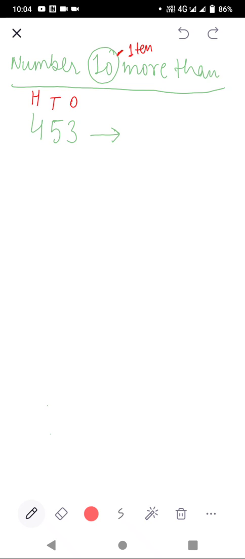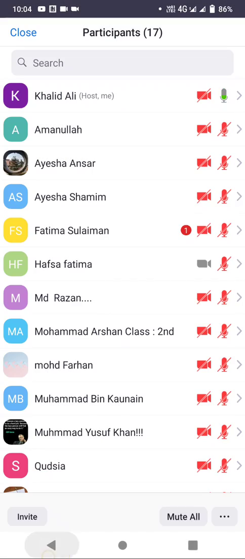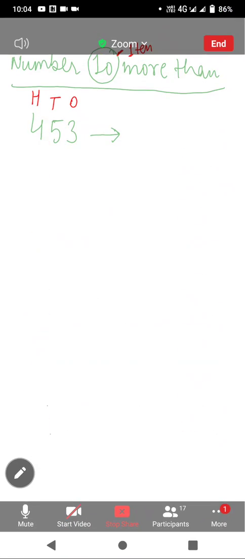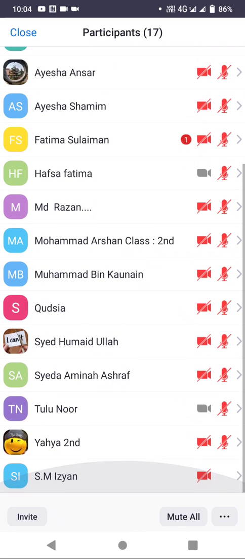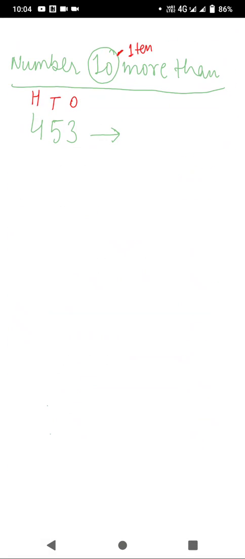Where will we add it: in the ones place, tens place, or hundreds place? Can you tell me, students? Sir, in the tens place. Yes, very good. So we add 1 in the tens place.